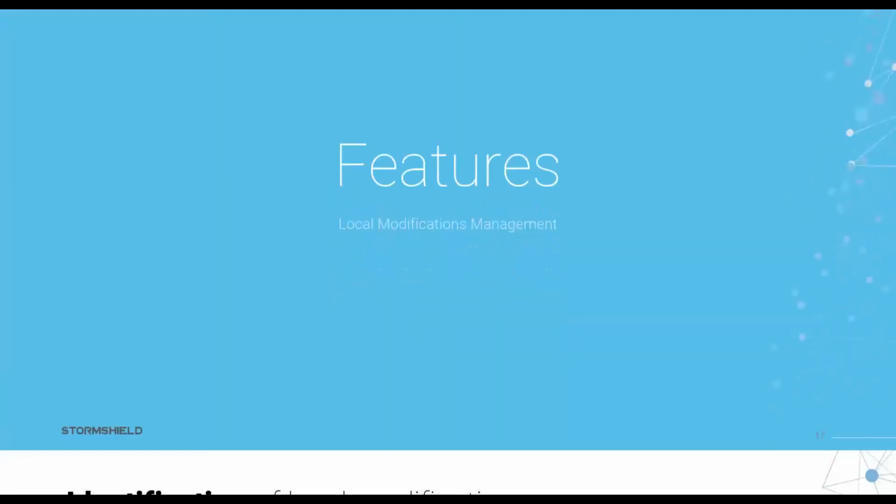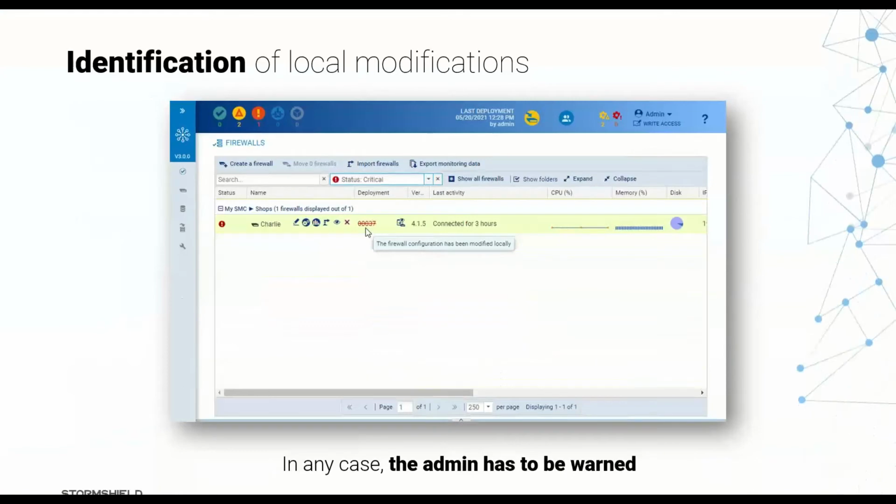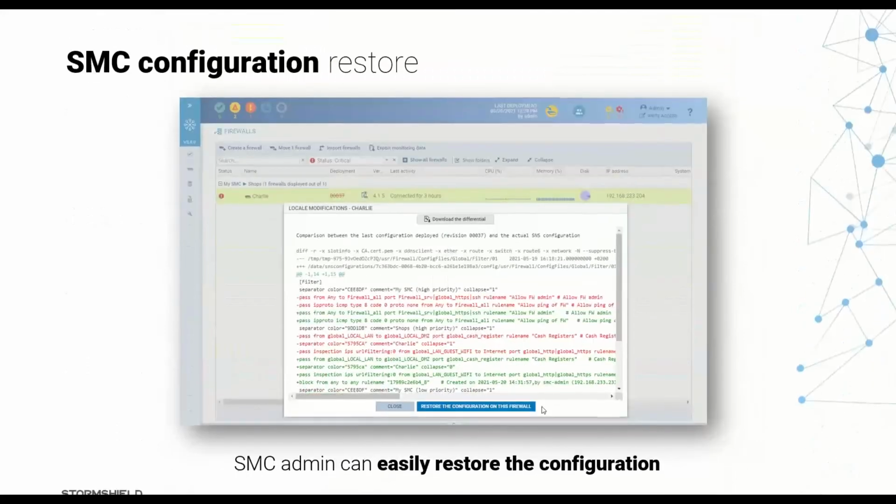So basically, when that happens, in any case, the administrator has to be warned that something has happened locally on the firewall. This is something we introduced with SMC 3.0: the automatic identification of local modification. When that happens, the administrator is warned. He has a critical alarm alert on SMC.